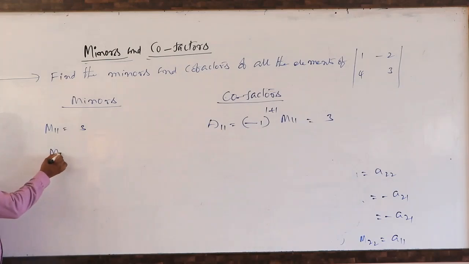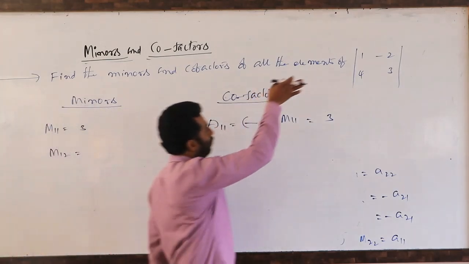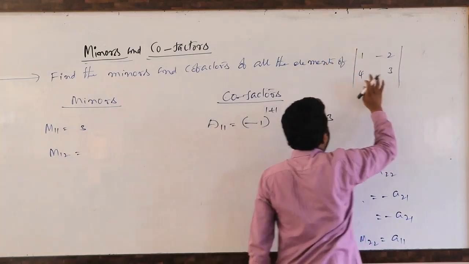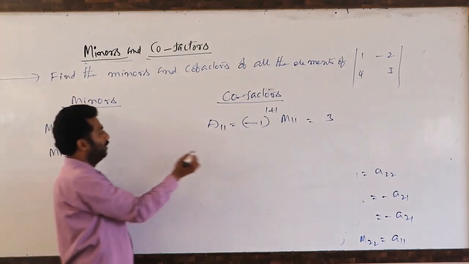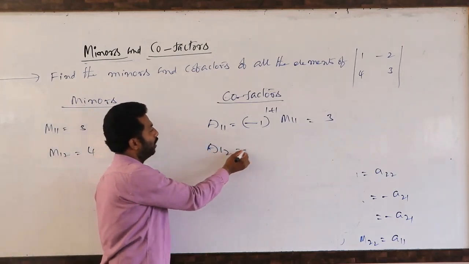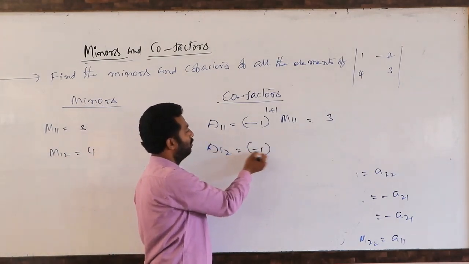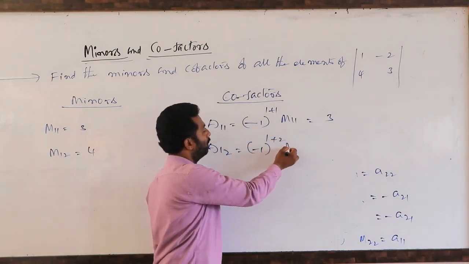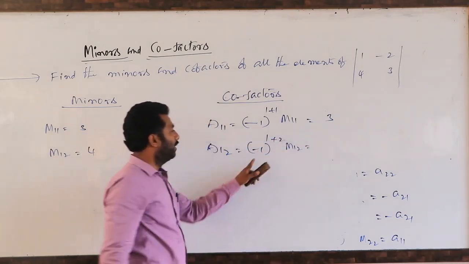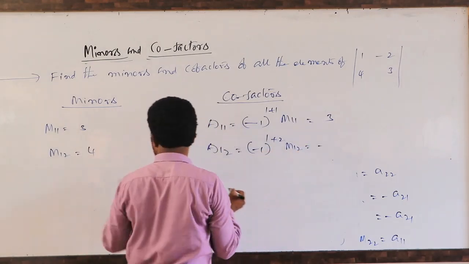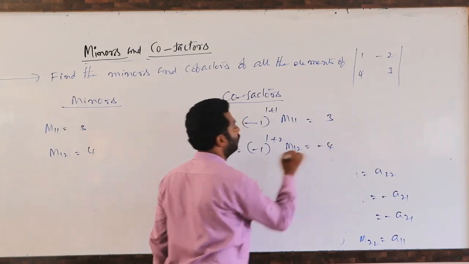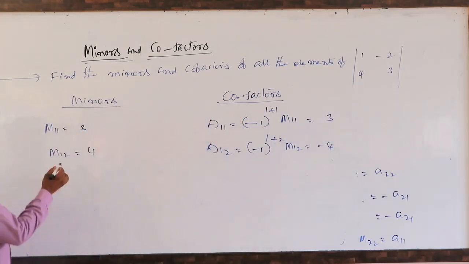Next, M12. First row, second column: close them, and what is left is 4. Then A12 is minus 1 whole power 1 plus 2, minus 1 whole cube means minus into M12. M12 is 4. Next, M21.